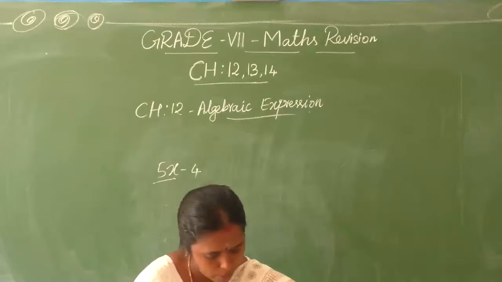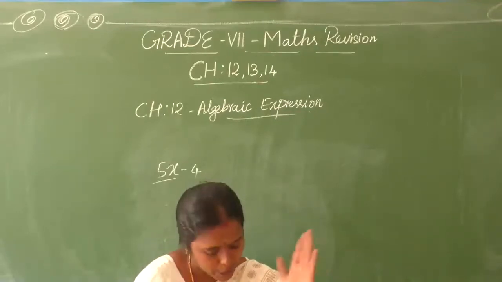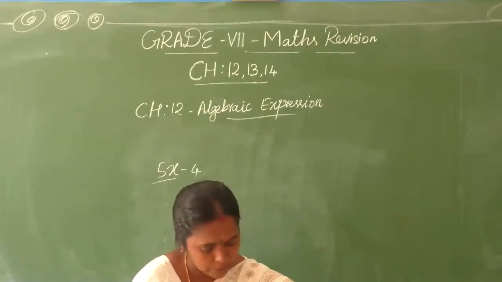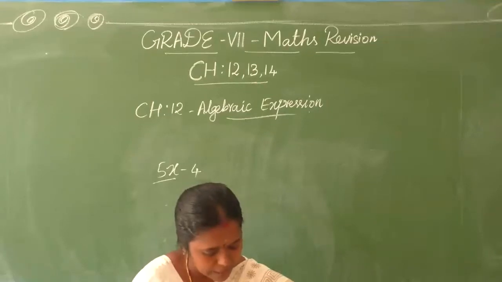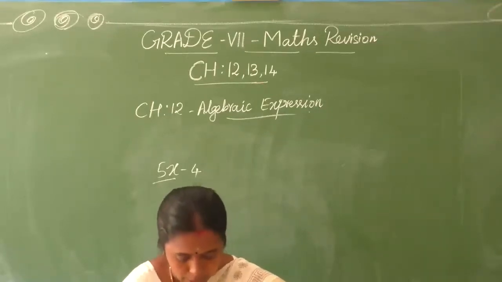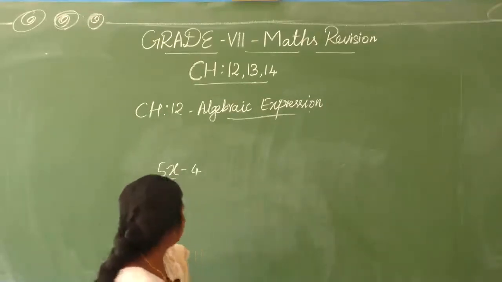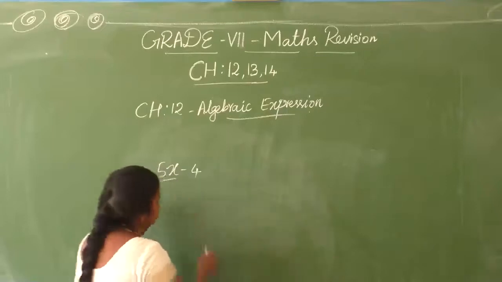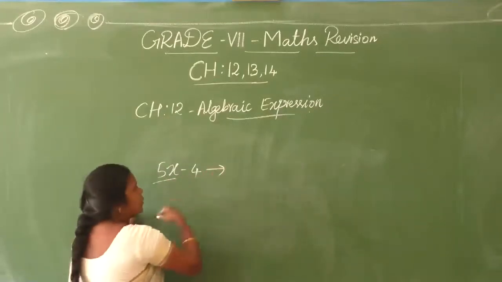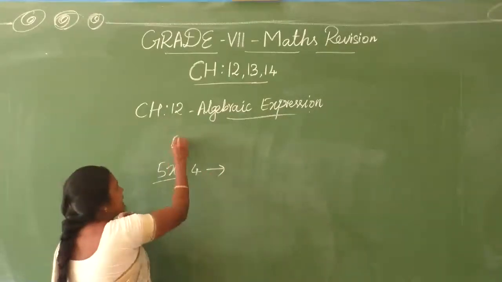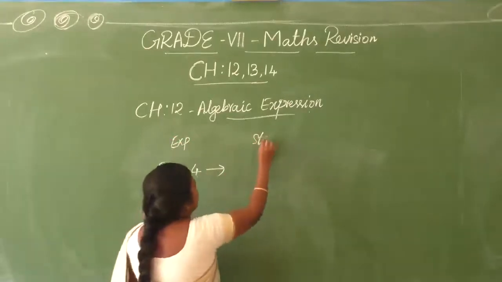In 12.1, how to change expression to statement, statement to expression, identify the terms, factors, coefficients, then the types of expressions. After that, like terms, unlike terms. See here, actually this is an expression. How do you write this as a statement? Expression, statement.